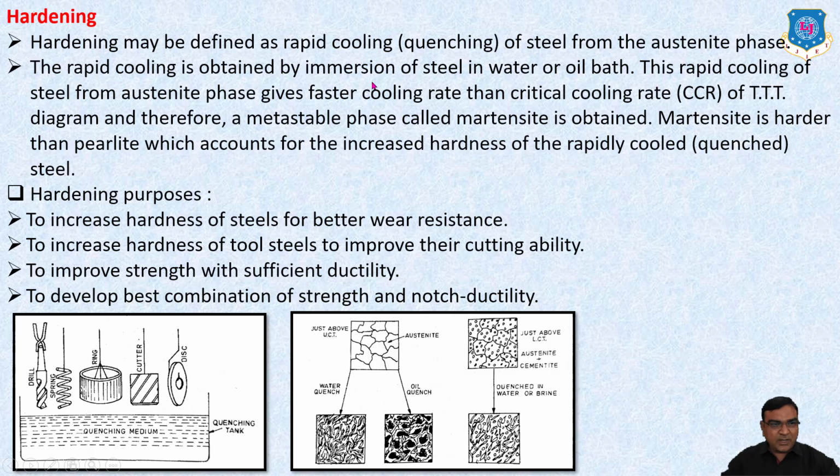This rapid cooling of steel from the austenite phase gives a faster cooling rate than the critical cooling rate of the TTT diagram, and therefore a metastable phase called martensite is obtained. Martensite is harder than pearlite, which accounts for the increased hardness of the rapidly cooled, that is, quenched steel.